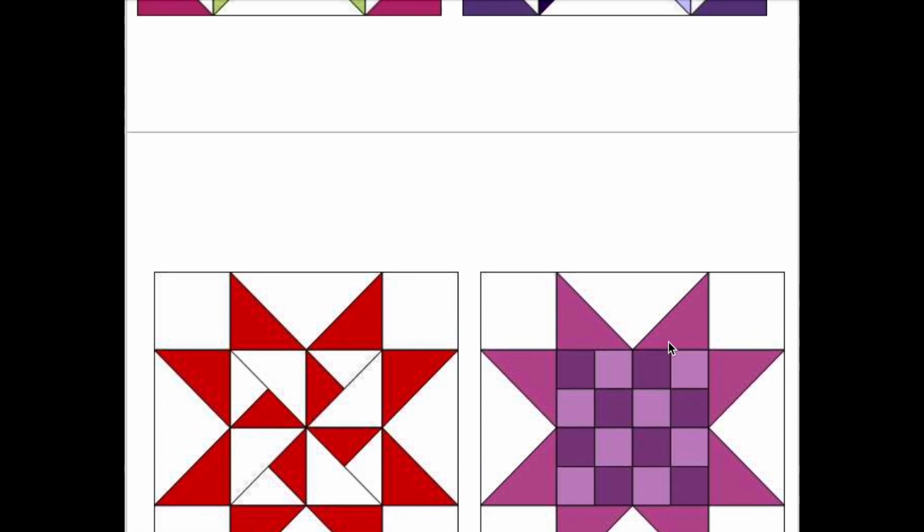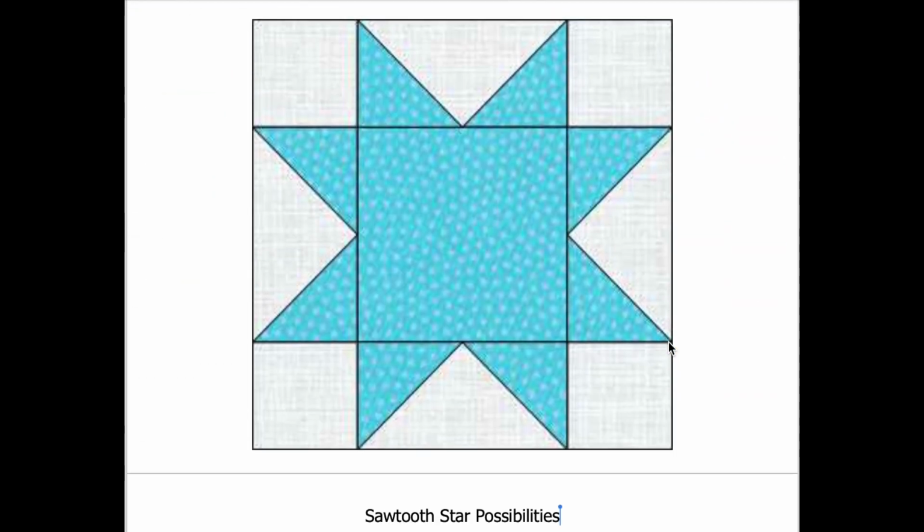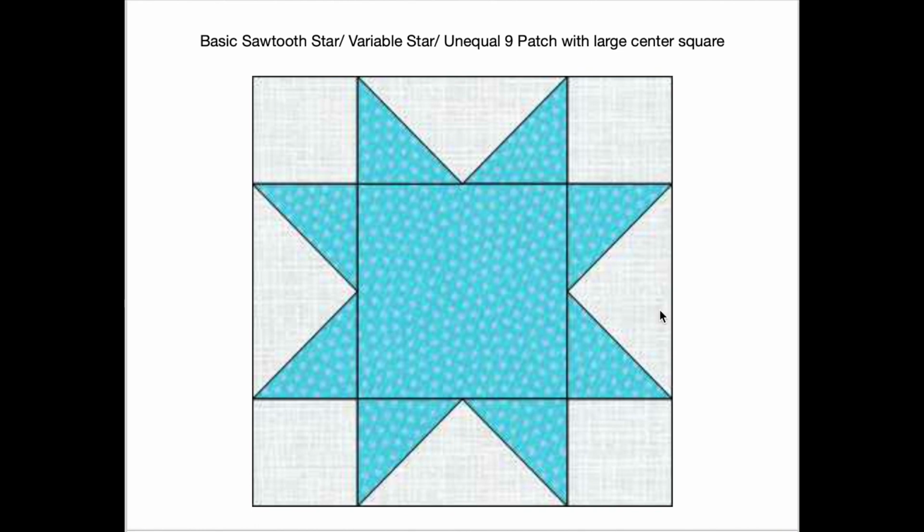You can take these stars and do all sorts of fun things with the inside. You could stripe some fabric together and put it in here. You could put a house in here like I showed you in the quilt at the beginning. You could put a picture of something you like, your dog.